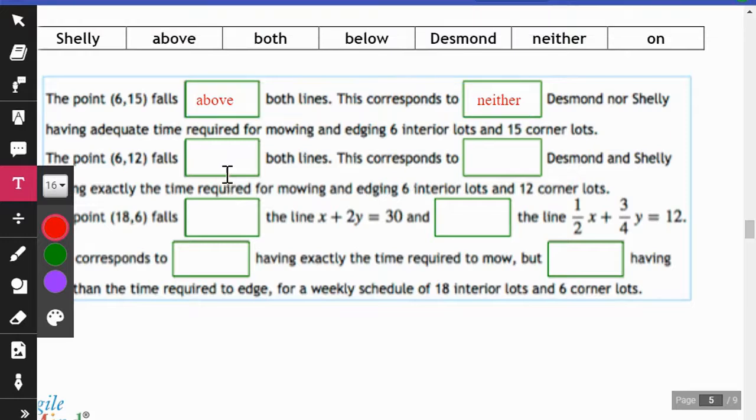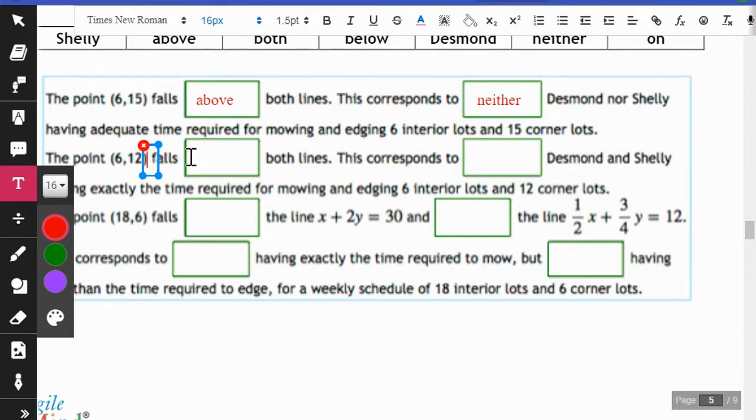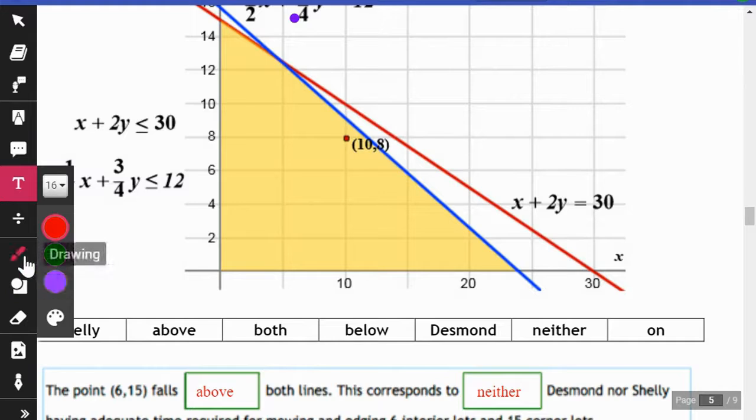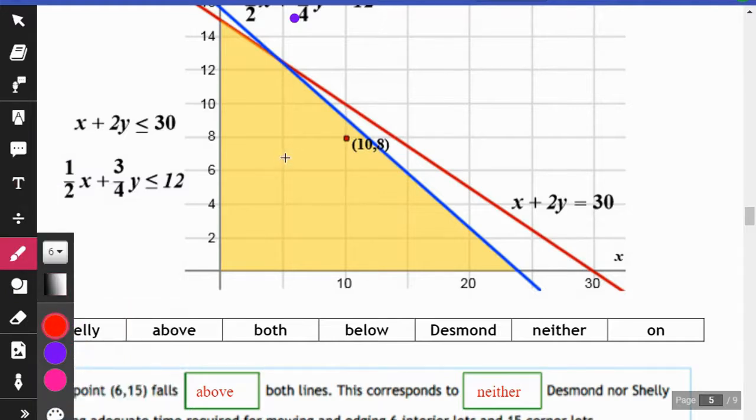Okay, how about the point 612? 612, I will just tell you, it should be better than this. 612 is right here. And it works, just so you know.